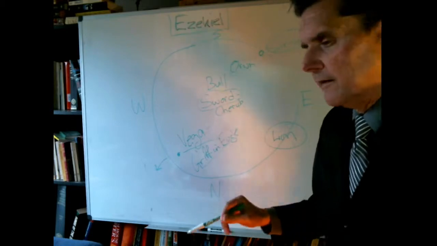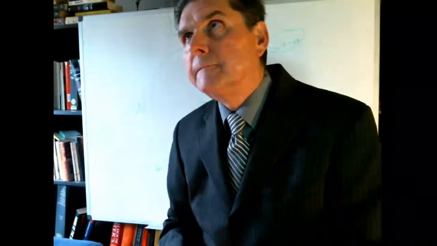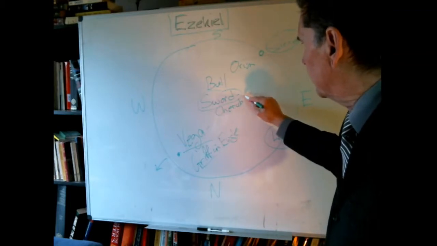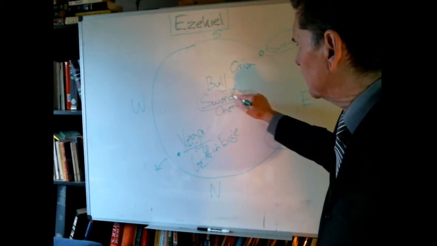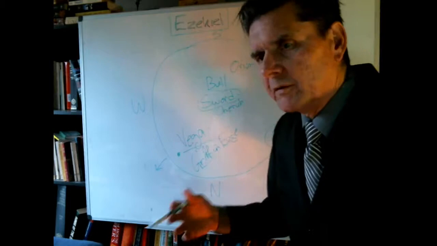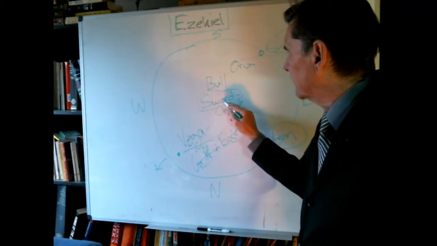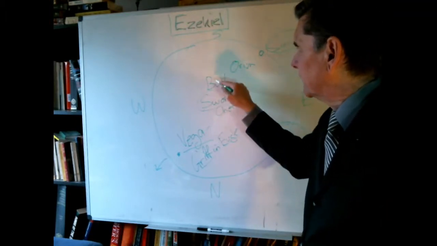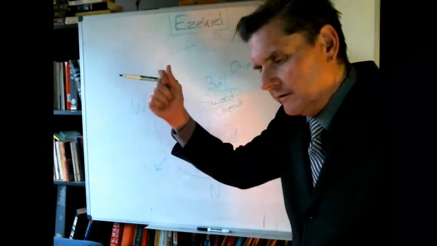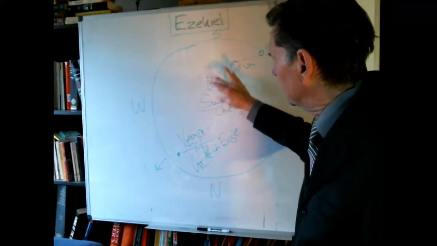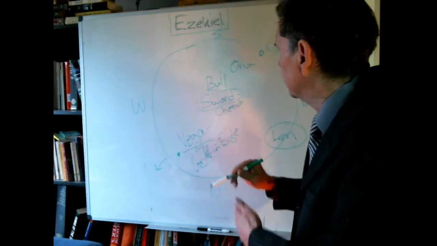zenith. Remember, we talked about the zenith being an important location in connection with the god Anu in Sumeria. Right in the zenith is the sword, and below the sword is the bull. Like the priest is above. This could represent a priest who's above the bull.